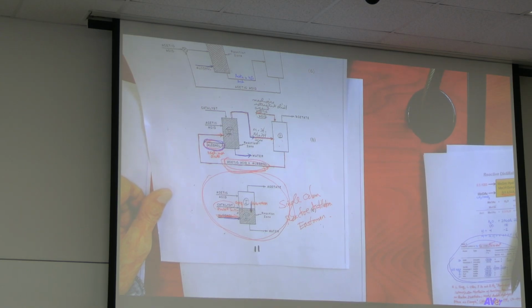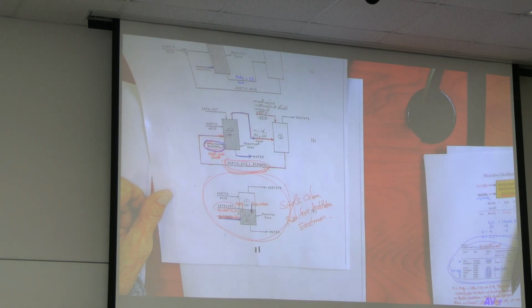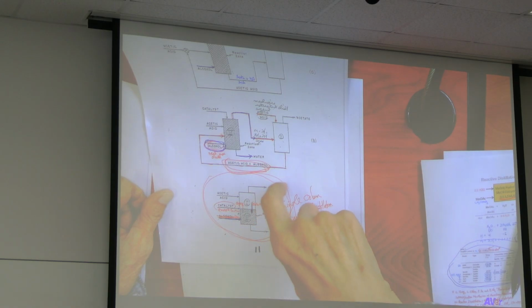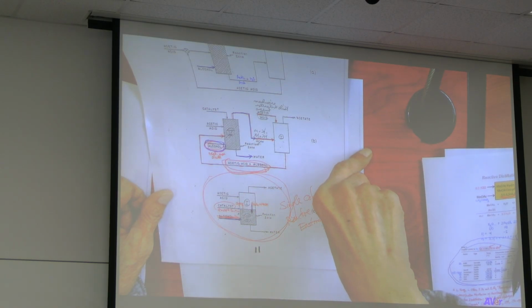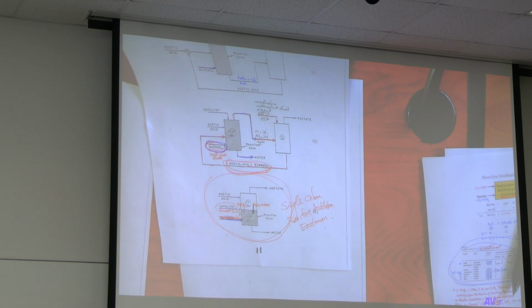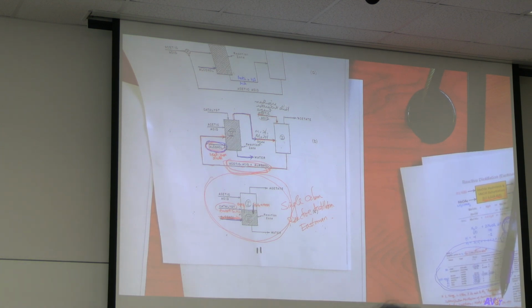Later on, you want to solve your own reactive distillation problem, study the paper in more detail, do it yourself, okay? That's it. We will not meet on Friday, we'll meet Monday after the break to help you with the exam.